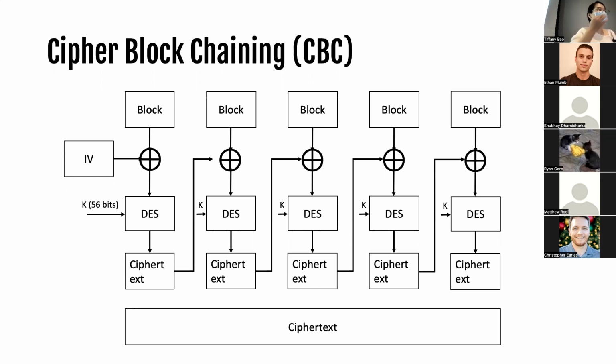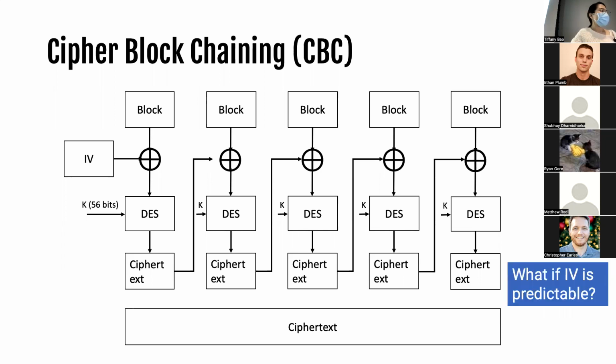So every time, even if you use the same key to encrypt the same plain text block, you won't get the same ciphertext because of this IV, the initial vector. And this guarantees the security. You won't be able to get something like the picture that we showed before. Okay, so far so good?